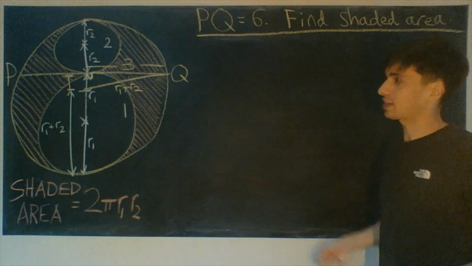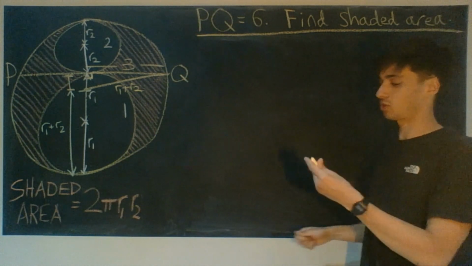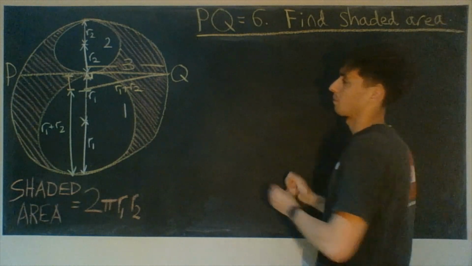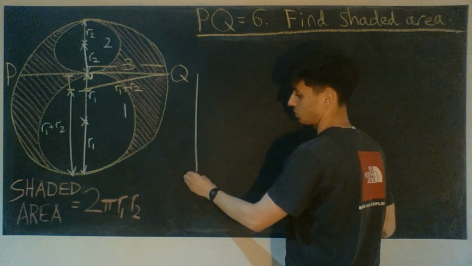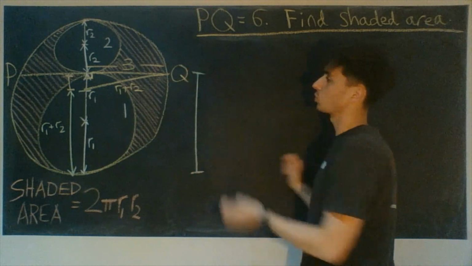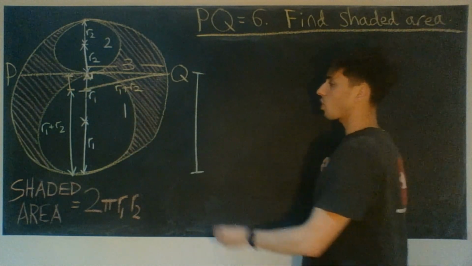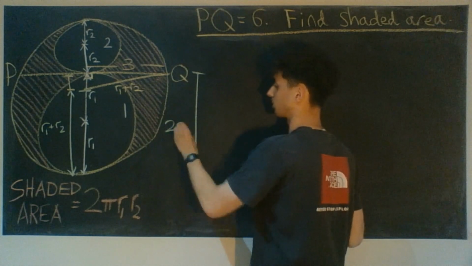This is where it would definitely help to draw some more information over here, because it's a bit cramped on our diagram. And the information we've got is this total length. So from the very bottom of the circle up to the point that the chord goes through, well, this whole thing is 2 lots of R1.